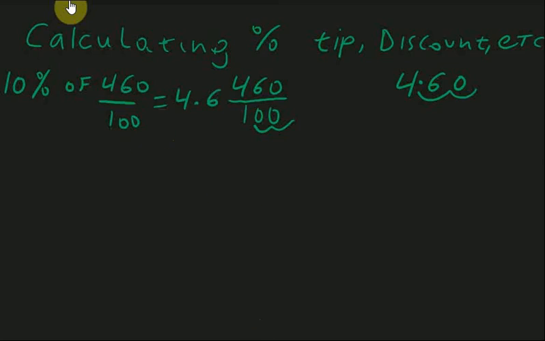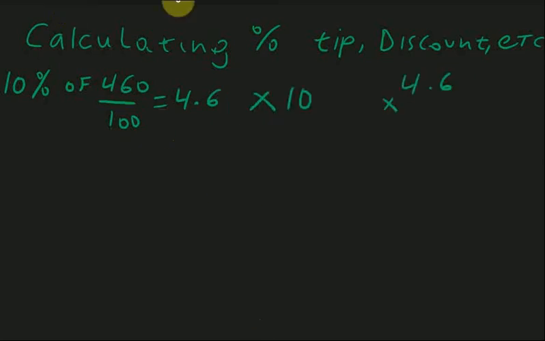So now we need to do 4.6 times 10 because this is 10%, the discount, right? So 4.6 times 10. So what are we gonna get? 46. If you have to pay tip, you will pay 46.